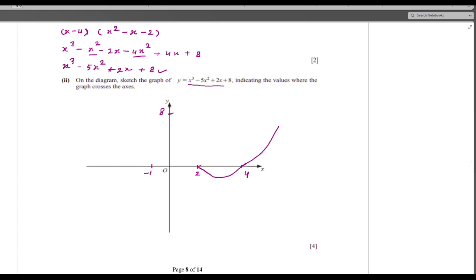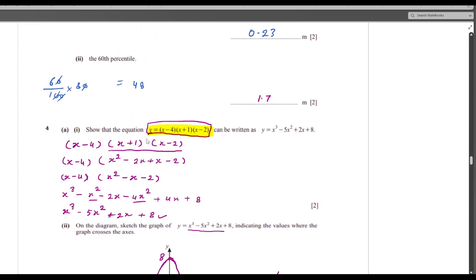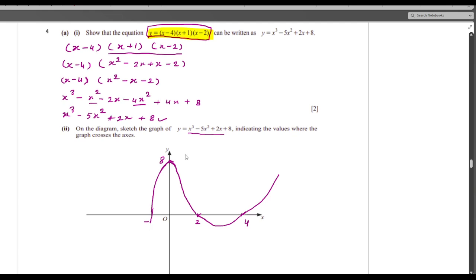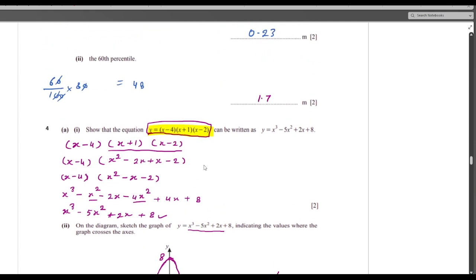Then for the y-axis we know that it is crossing at 8, so from here it will go like this, and from somewhere it will take a turn, but it will touch this 8 and it will come down again at 1. So between -1 and 2 you see that your value is going to be positive, as between -1 and 2 your first factor is negative but the rest two factors are positive.